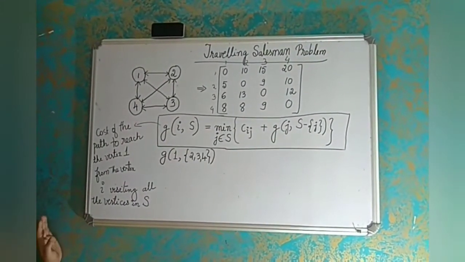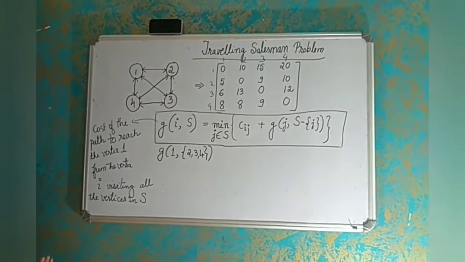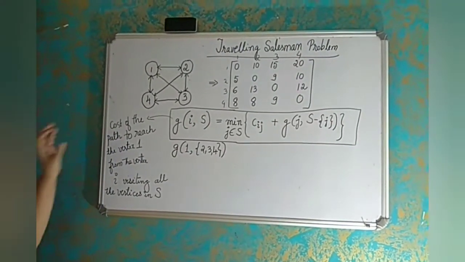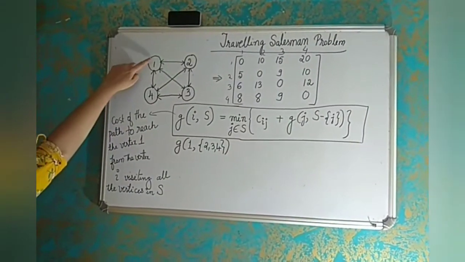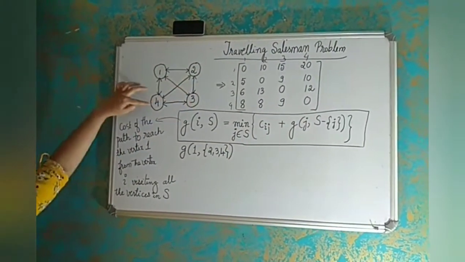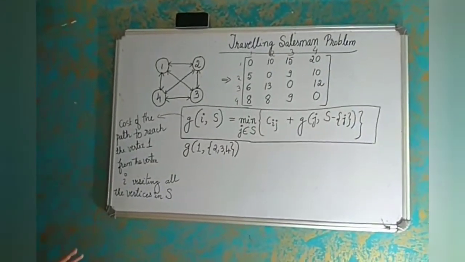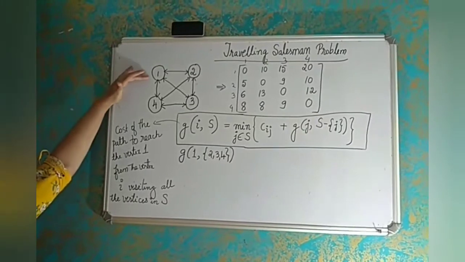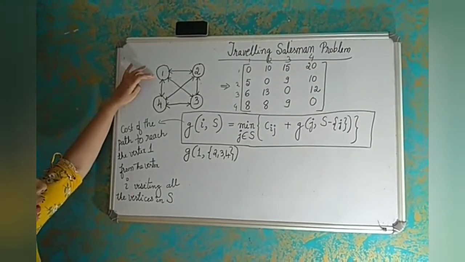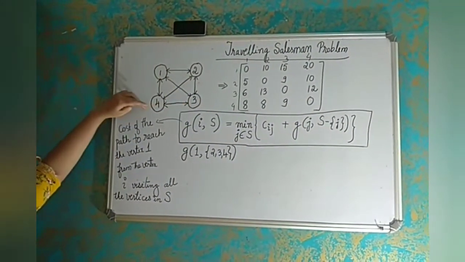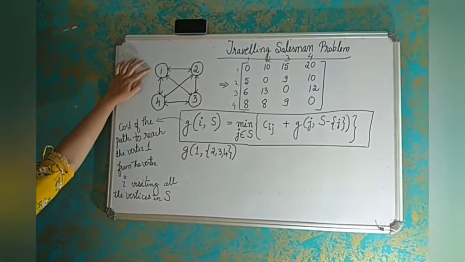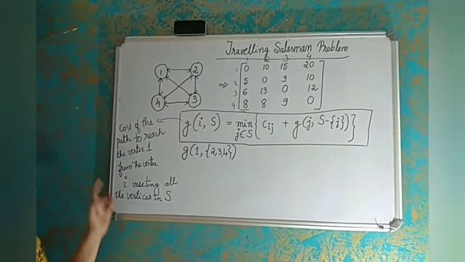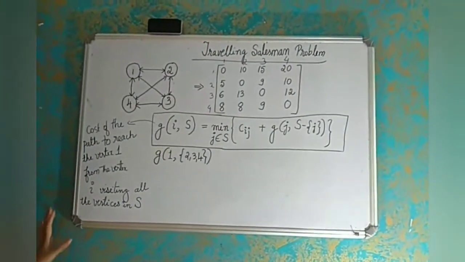Now the traveling salesman problem, as I told before: given a set of cities, and here we are assuming that these vertices are the cities, a traveling salesman has to travel from the source and reach all the other vertices, and then he has to come back to the source after visiting all the vertices, and the total cost of that path should be minimum.